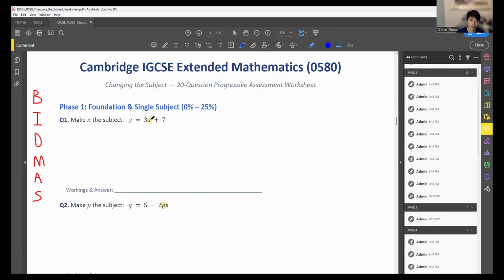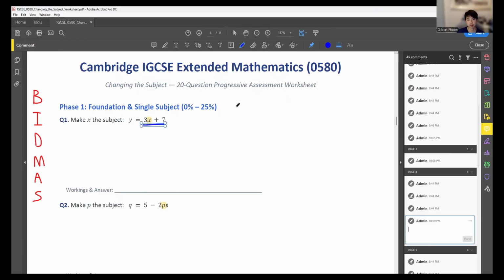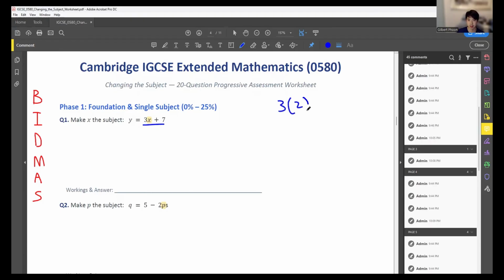To make x the subject here, what we need to do is, like I mentioned earlier, if it is 3x plus 7, imagine 3x plus 7 as a number, 3 times 2 plus 7. My working would be 3 times 2 first, so I get 6 plus 7, which is multiply first, and then only addition.